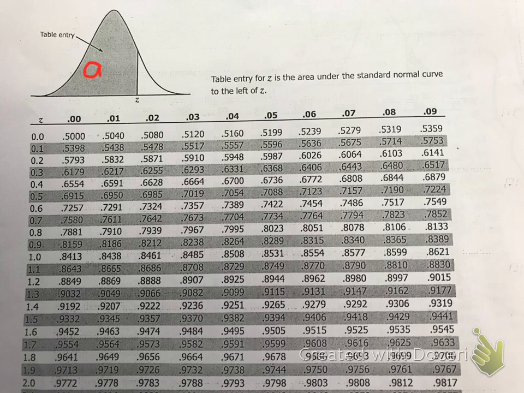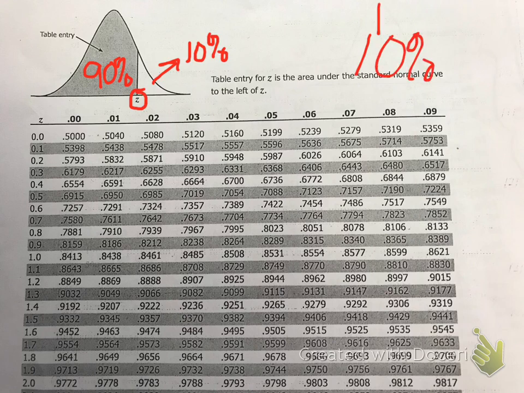and we want 90% here. Top 10% is here. 90 and 10 make 100%. What Z-score gives us this area? So even though the problem says top 10%, I'm actually going to go hunting in here for 90%. So here we go.